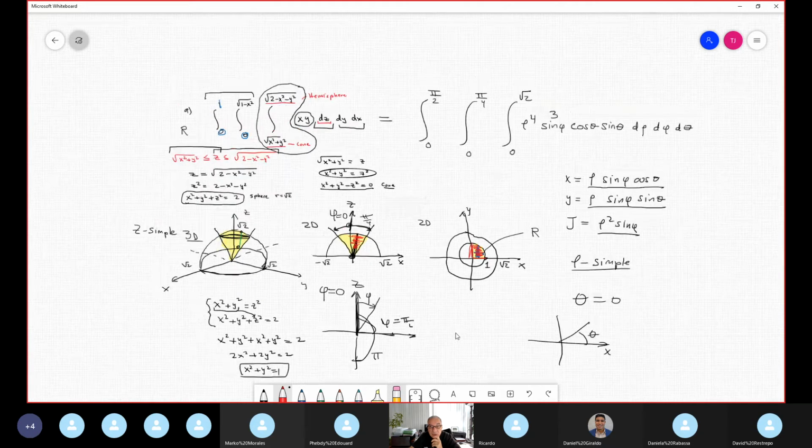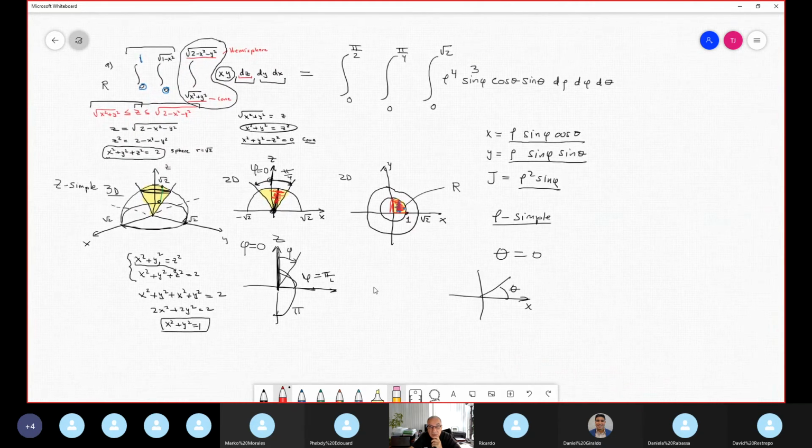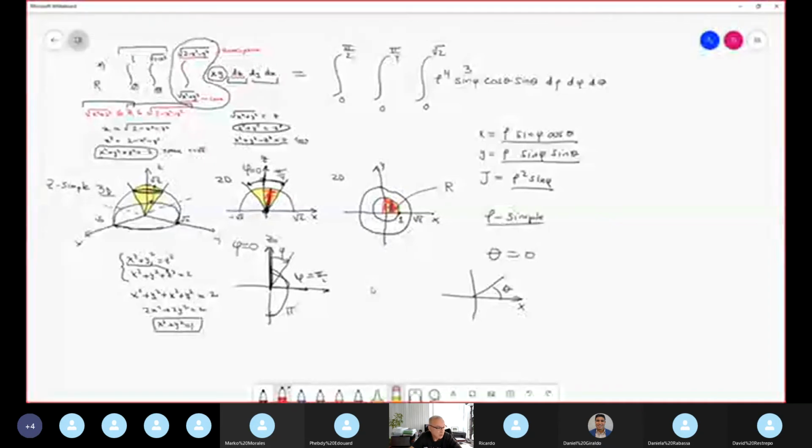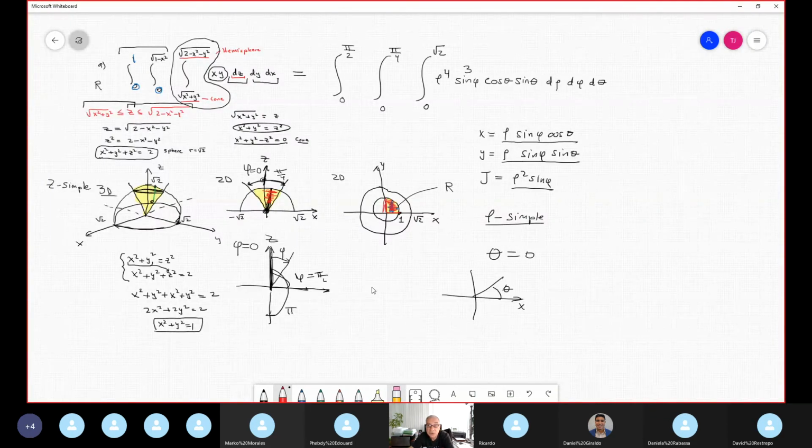Fortunately, the limits are constant. Wow. And the integrand function is totally separable. Therefore, I can convert this horrible triple integral into three easy integrals. Well, easy no, it's not easy, but well, it's calculus 2.